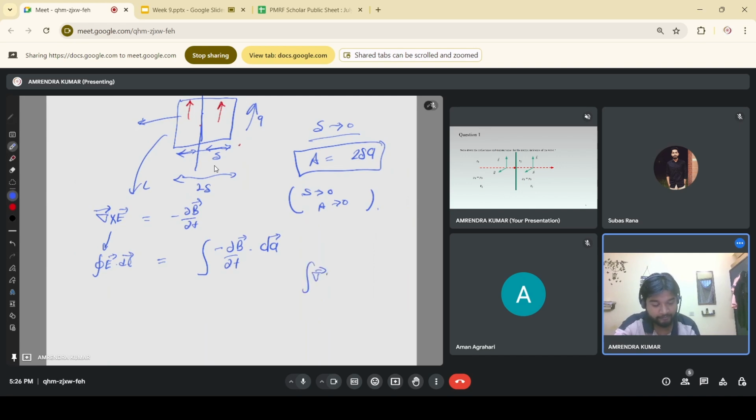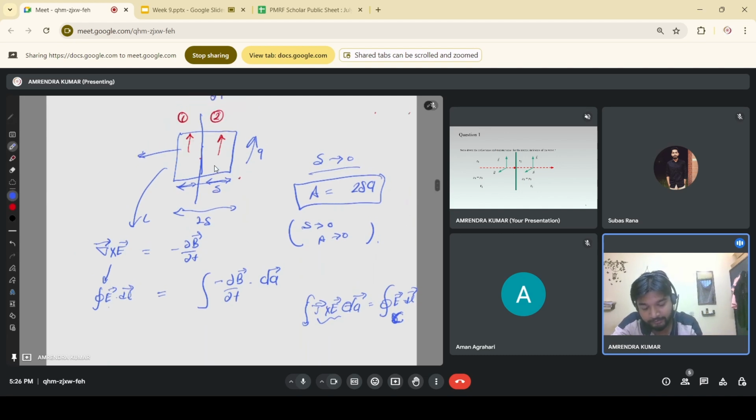Let me write it down. If you take the area integral, you can write this as E dot dl by Stokes' theorem, a surface integral becoming a closed curve integral. So this is what we are doing, we are taking a closed curve.